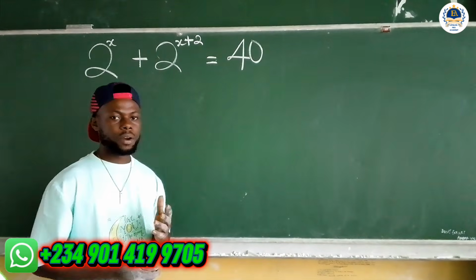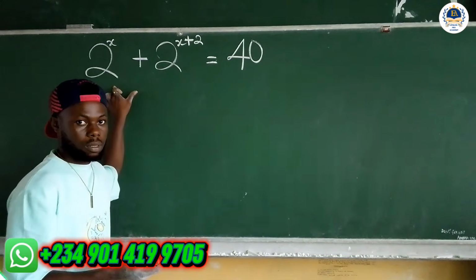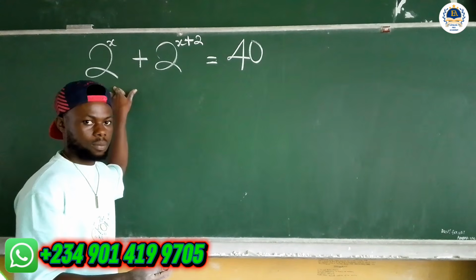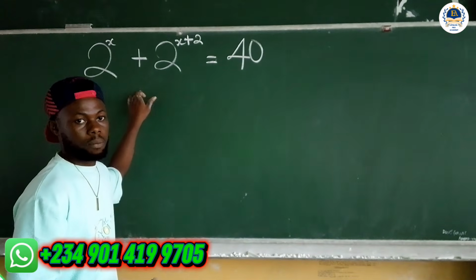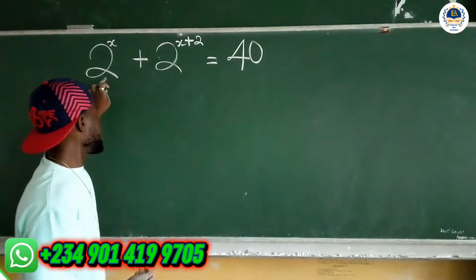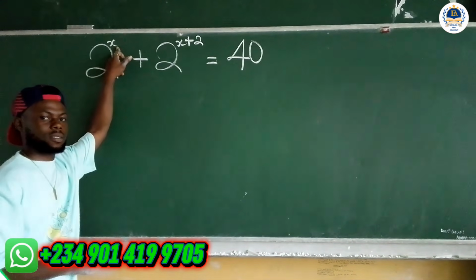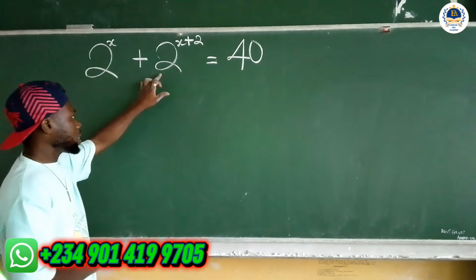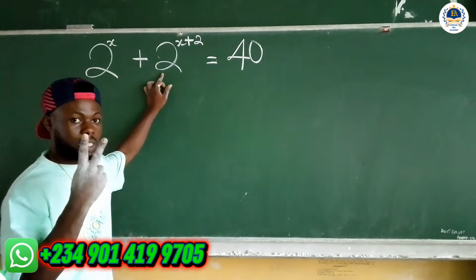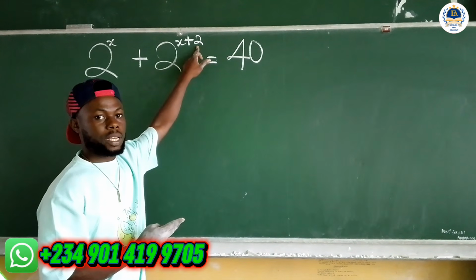Now, if you are comparing these two terms, because those are the two terms written in the exponential form, you observe that this one is raised to the power of a single term, which is x, while this one is raised to the power of two terms, x and 2, separated by plus.